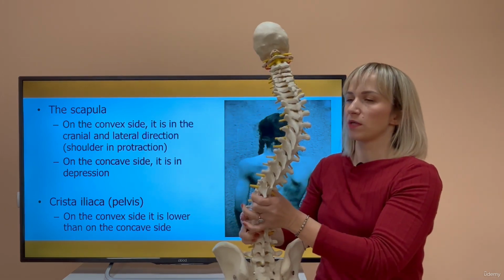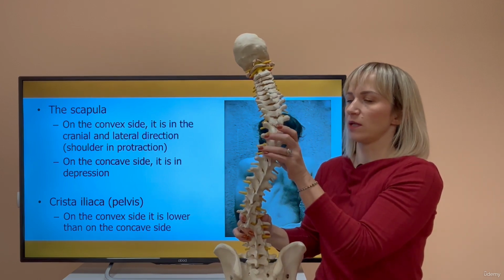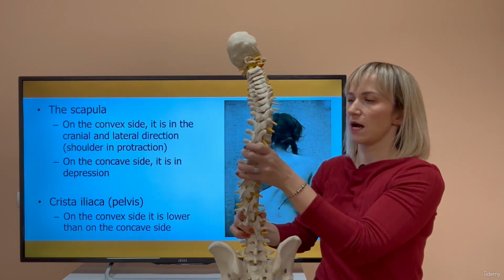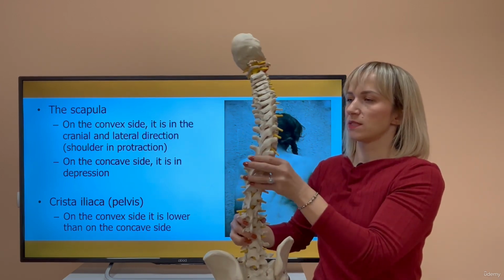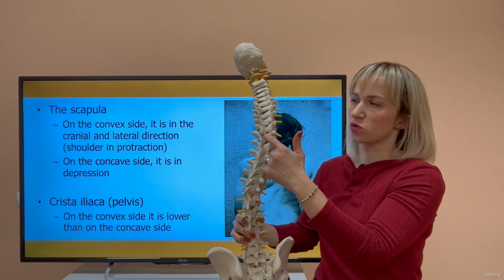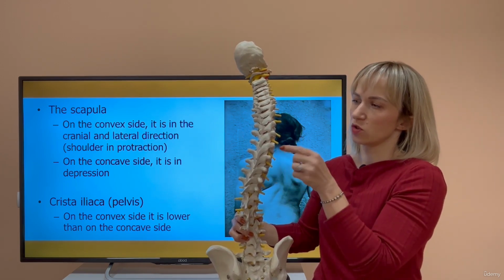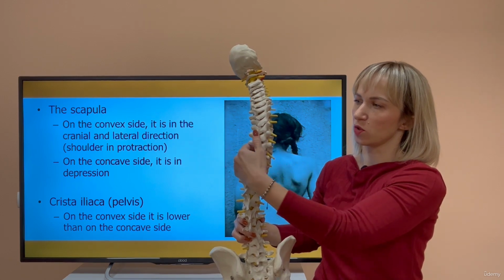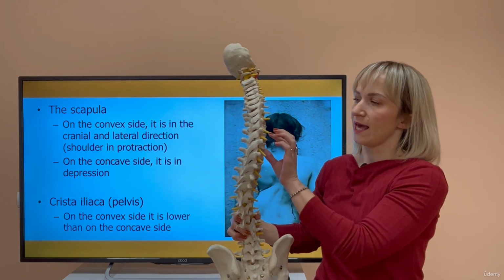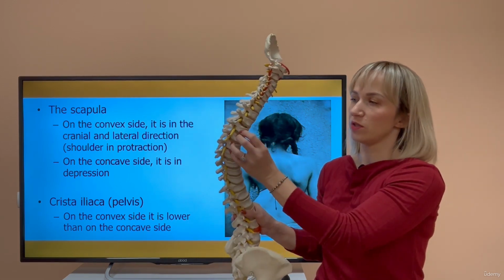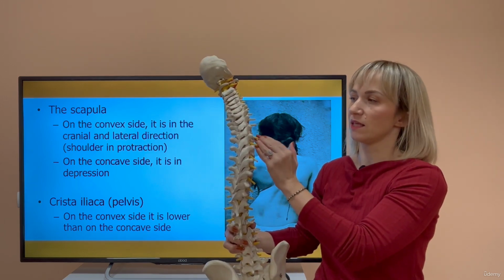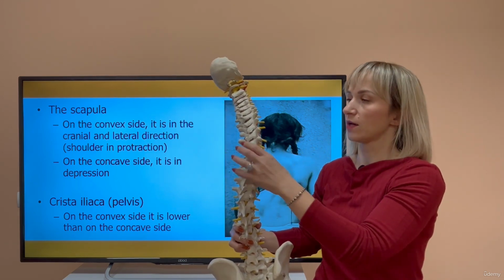But the most important part is the horizontal plane, which means the vertebrae are rotated. And you will see that the processus spinosus of the vertebrae are rotated towards the concave side. So you see all the processus spinosus rotating to the concave side, and the body of the vertebra is rotated to the convex side, okay?